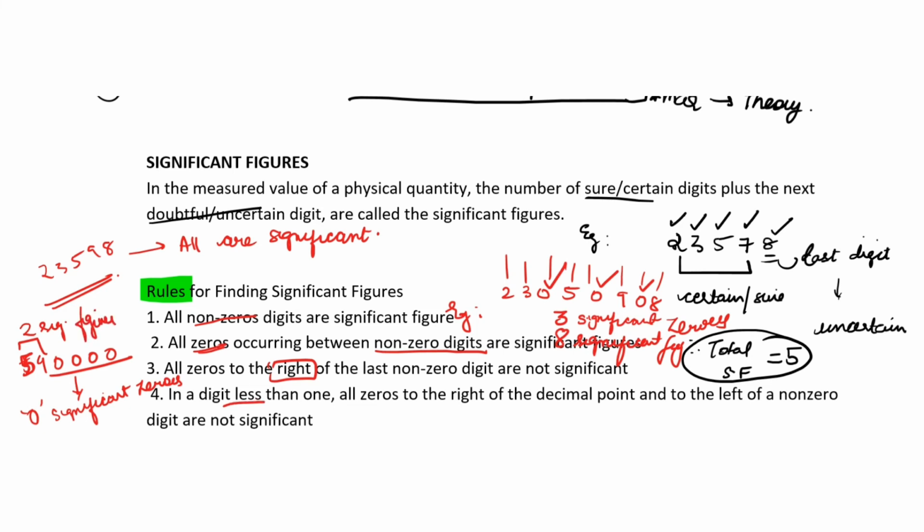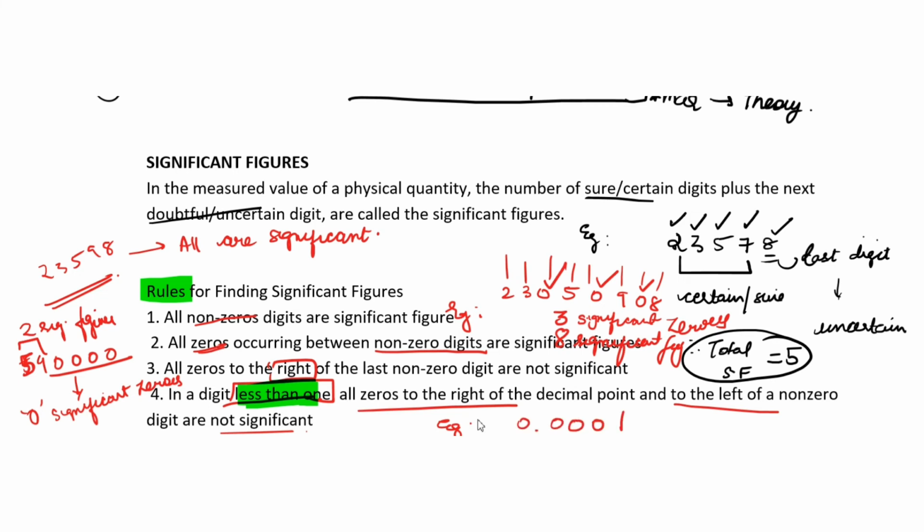Alright. Fourth point. In a number less than 1, all zeros to the right of the decimal point and to the left of a non-zero digit are not significant. Now I will give you an example. For example, take the number 0.000158.